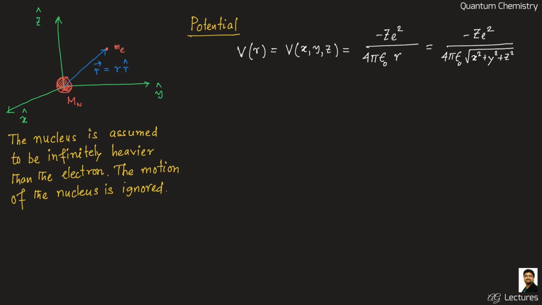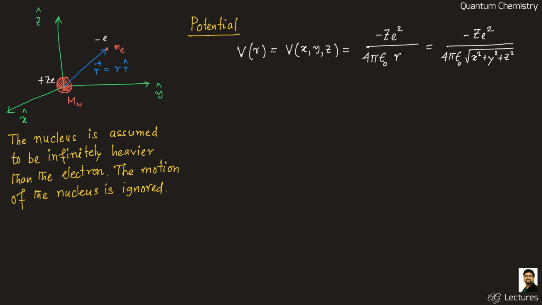The charge on the nucleus is plus Ze, and the charge on the electron is minus e. So we get a minus Ze square on top, and then we have 4 pi epsilon 0 r as the denominator. We can write this in terms of x, y, z as well if we wish.